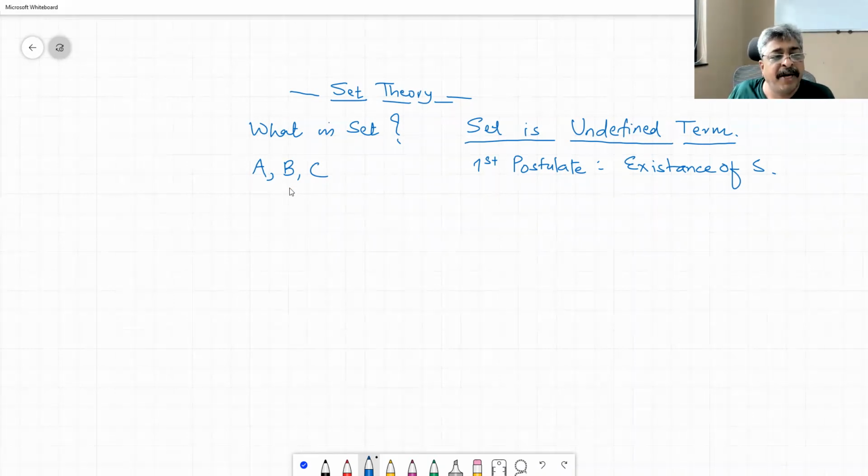Sets are normally denoted by capital letters A, B, C, and elements in the set by small letters a, b, c.